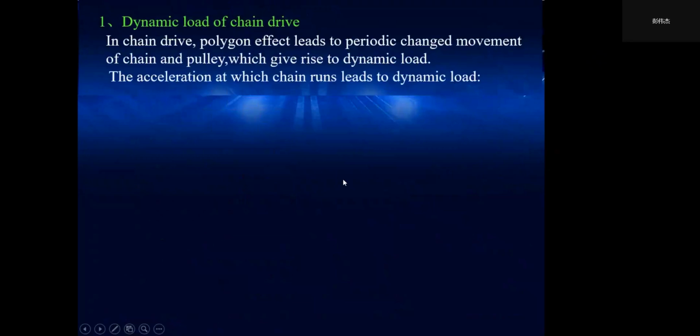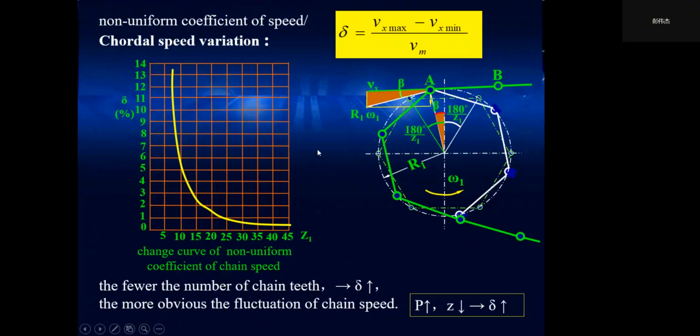So the polygon action or polygon effect is a kinematic consequence of the polygon due to the pitch length.